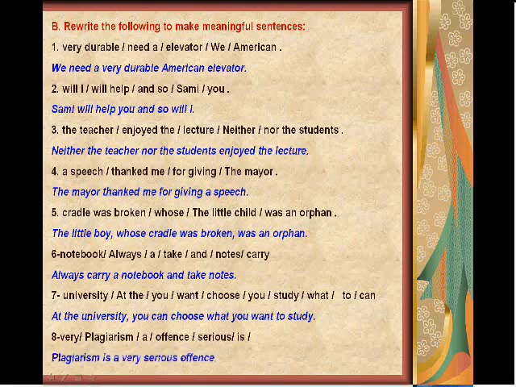So it's going to be like that. Plagiarism is a very serious offense. Always before the noun you have the adjective serious, okay? So it's going to be like that. Plagiarism is a very serious offense. Okay, let's have more examples.